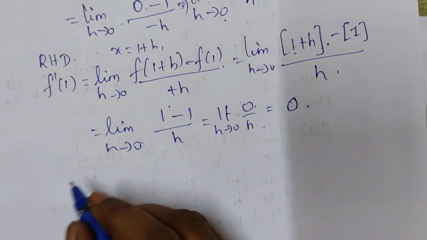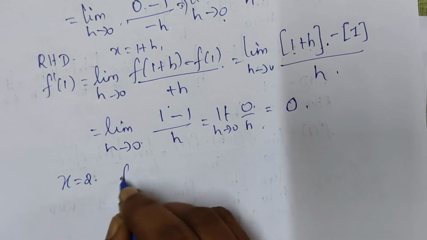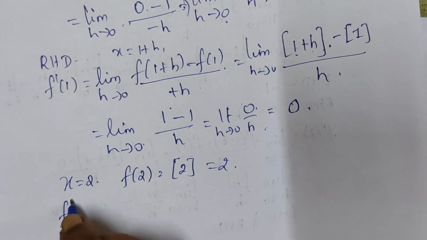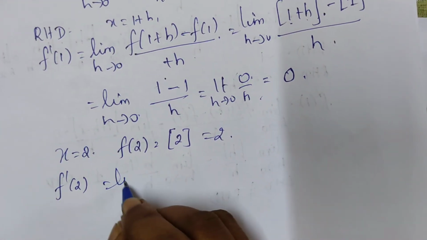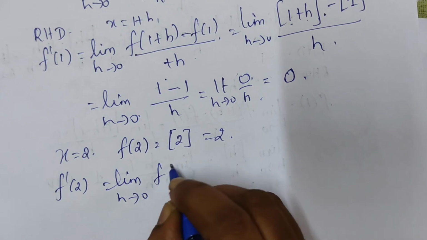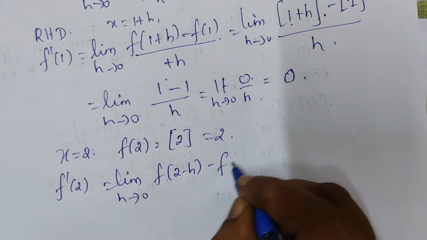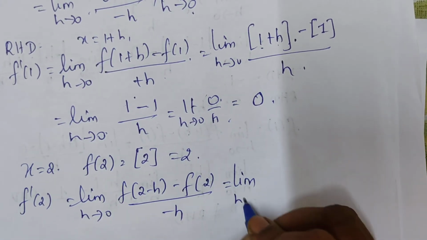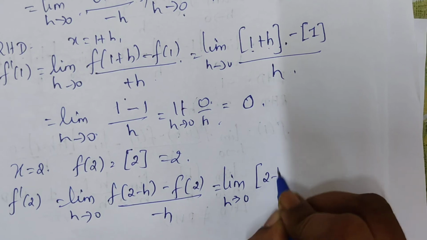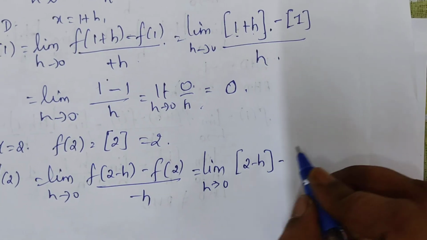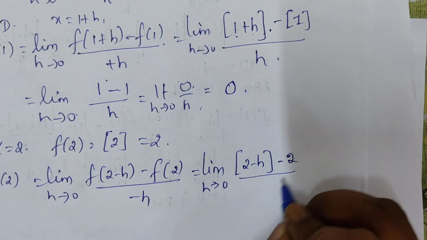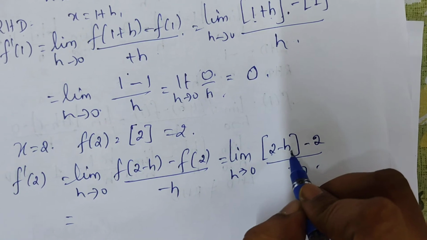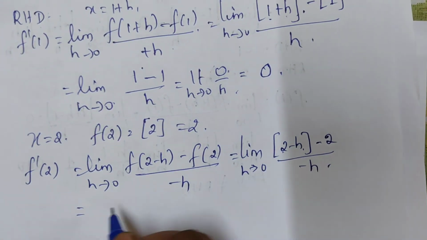Let us check the differentiability at x equal to 2. So f of 2 will be 2. So f dash of 2 is equal to limit h tends to 0 of f of 2 minus h minus f of 2, divided by minus h. So limit h tends to 0 of f of 2 minus h minus 2, divided by minus h. 2 minus h means a number less than 2, so by the definition of the greatest integer function, the value will be 1.